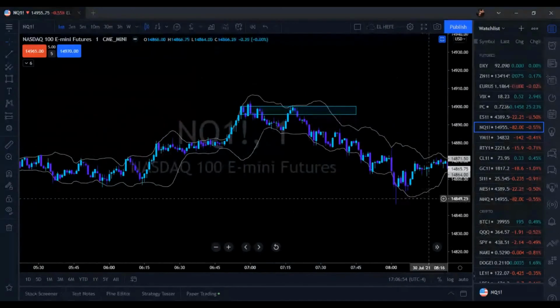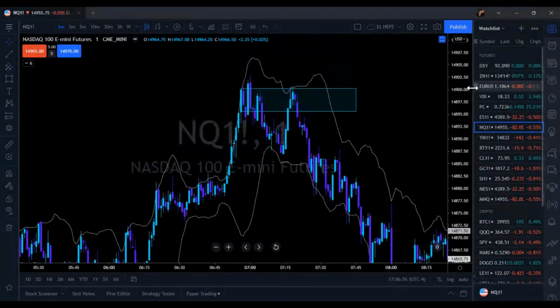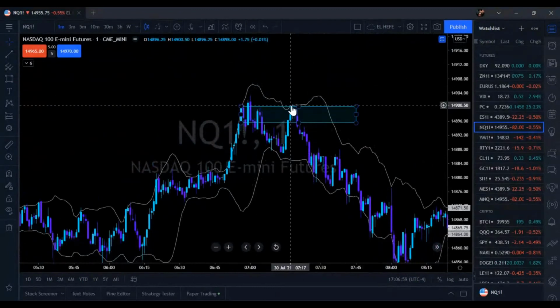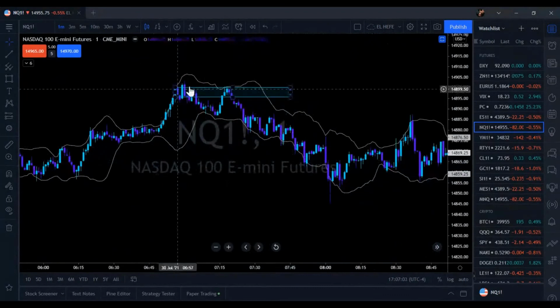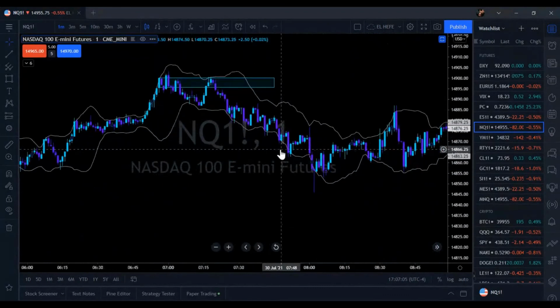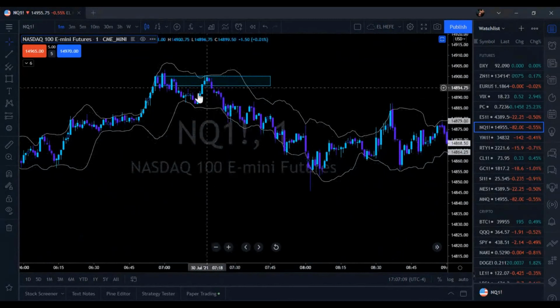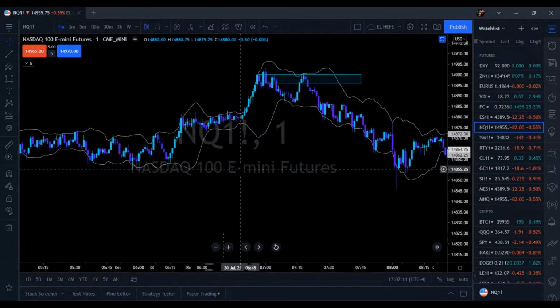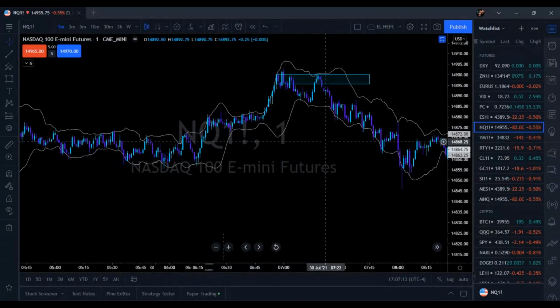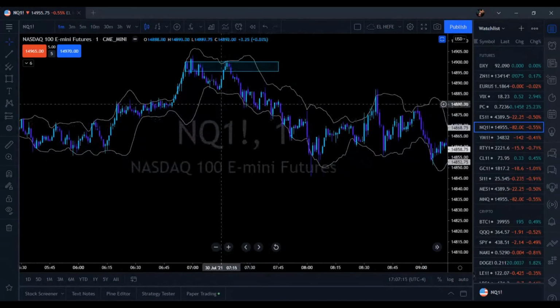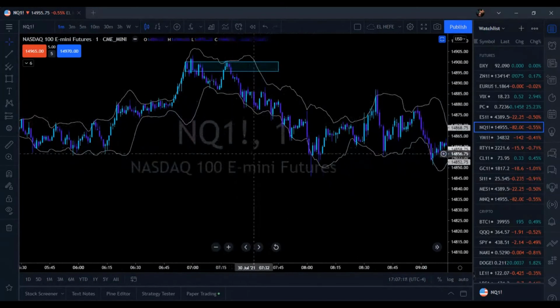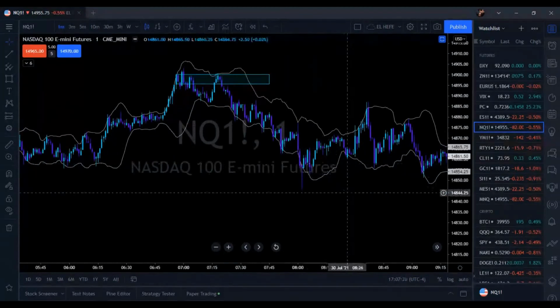Well, it backed back up into it, and it poked the upper Bollinger Band. When it did, that would have been an excellent trade, what I would consider A+, and that's about an hour past rotation time. But still, had to be an A+ setup, nonetheless.